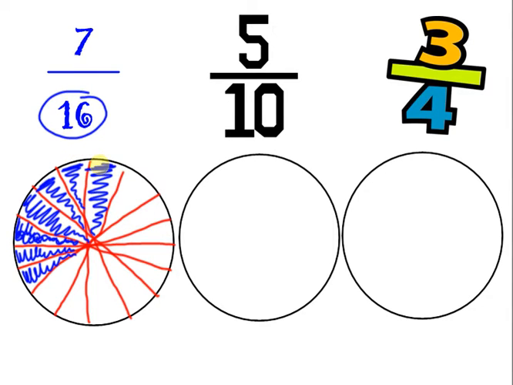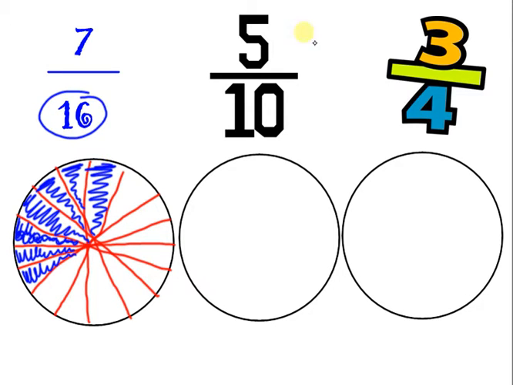Now, obviously, mine is not perfectly to scale because my lines are not straight, but the point of drawing out a model is to show you that when you come up with the answer of 7/16 for a word problem, or you're solving an addition problem or a subtraction problem, this is what your 7/16 answer means. It means you definitely have less than half, but almost half, and so that's important to know.